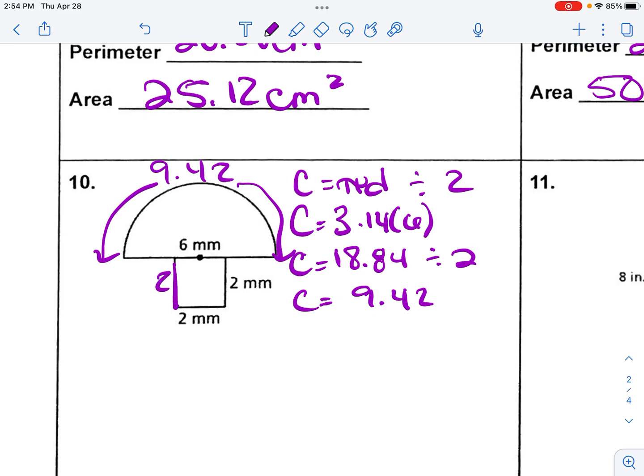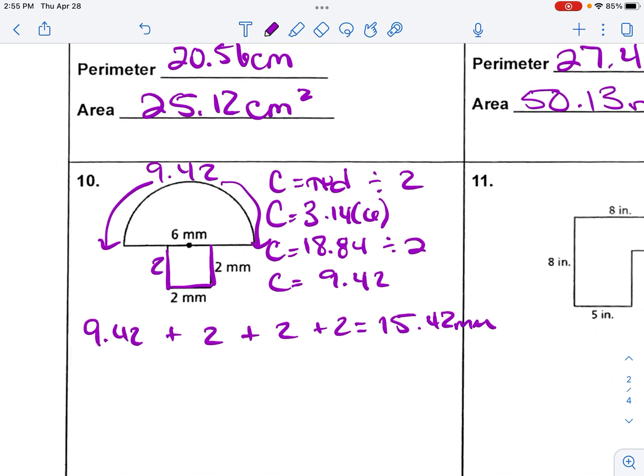This is going to be a 2 by 2 by 2. So we're going to do 9.42 plus 2 plus 2 plus 2 equals 15.42 millimeters.